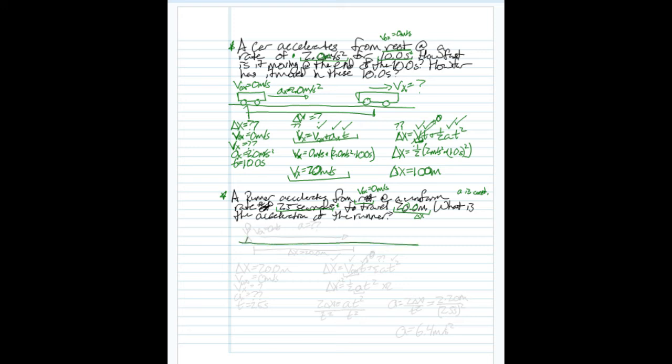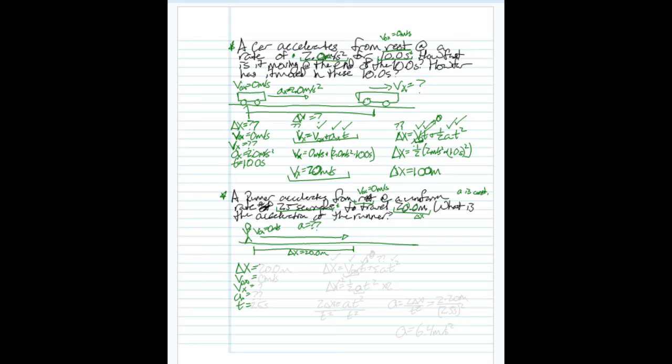So again, we're going to draw our picture. There's our runner. We know their velocity is 0 meters per second. We want to find their acceleration as they're traveling, and in doing so, they cross a distance of 20 meters. Now I'm going to write my variables like before: delta x, v0x, vx, a, and t.